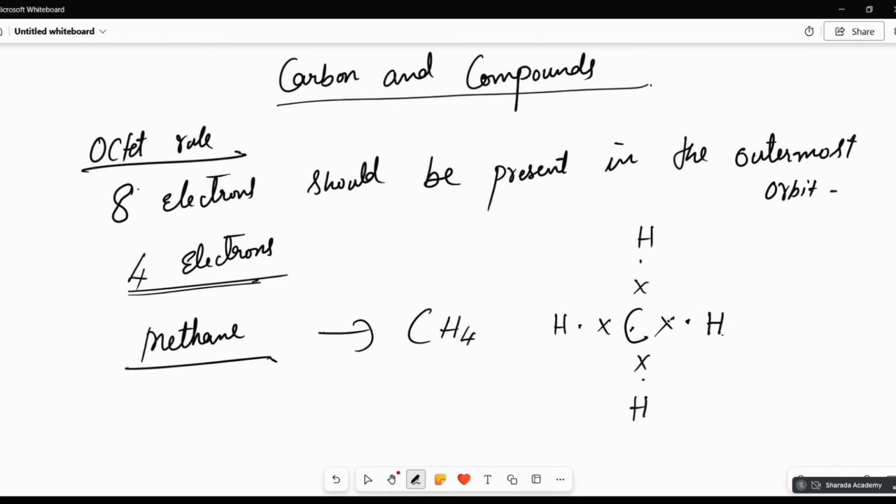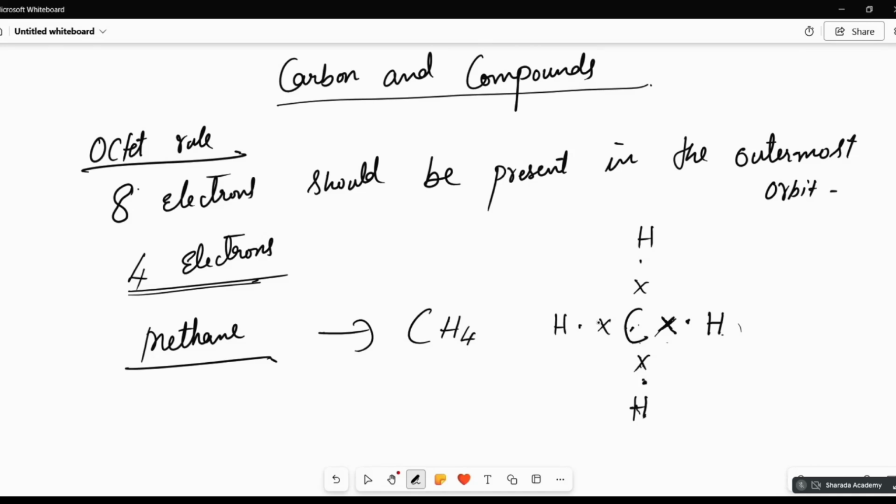And this electron of carbon revolves around this carbon as well as this hydrogen. This electron revolves around the carbon as well as the second hydrogen, and this electron around the carbon as well as the next hydrogen.